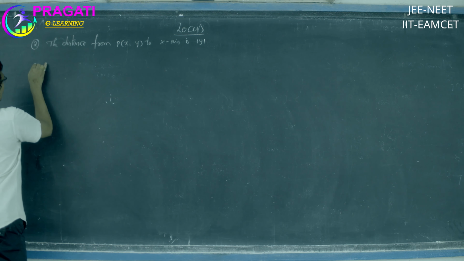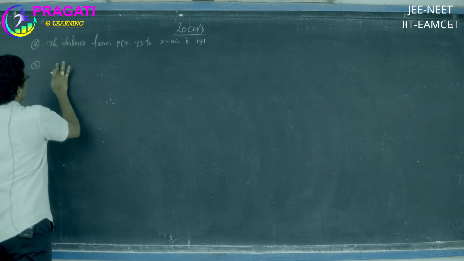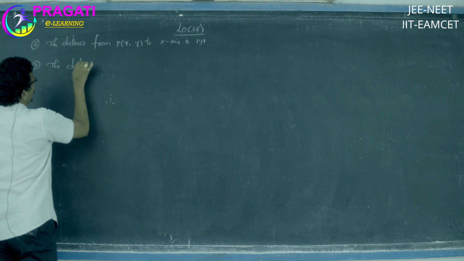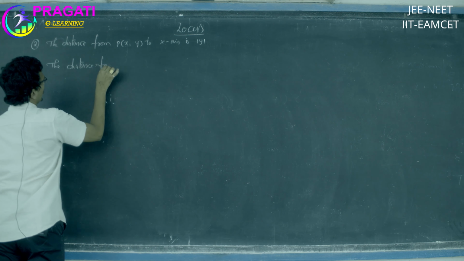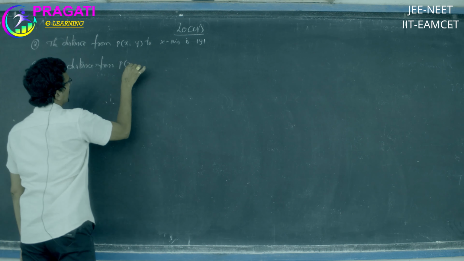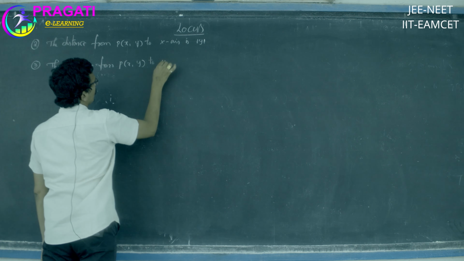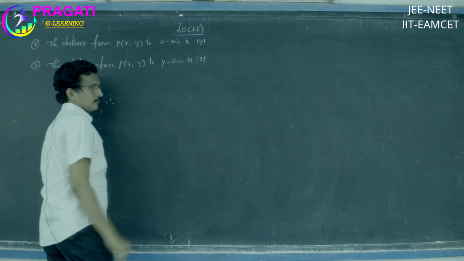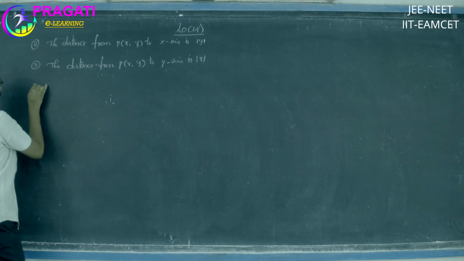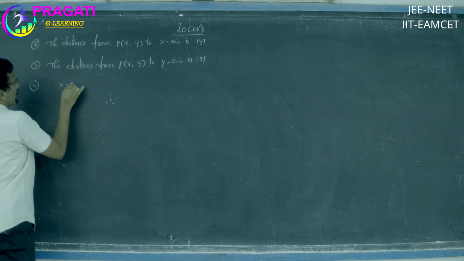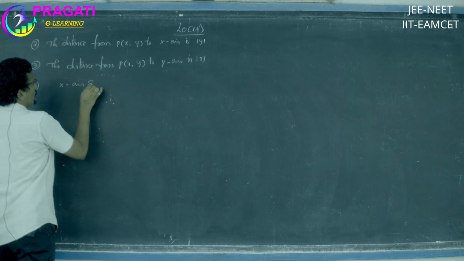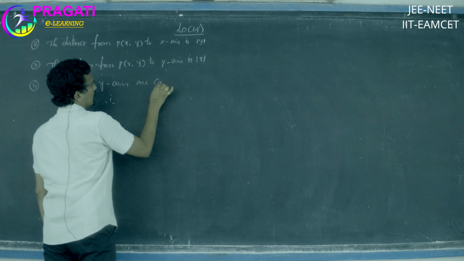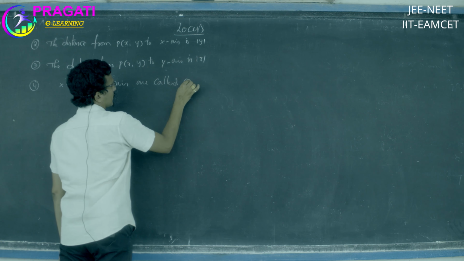And the third point is the distance from P (x, y) to y axis is mod x. And the fourth point is, here x axis and y axis are called coordinate axis.